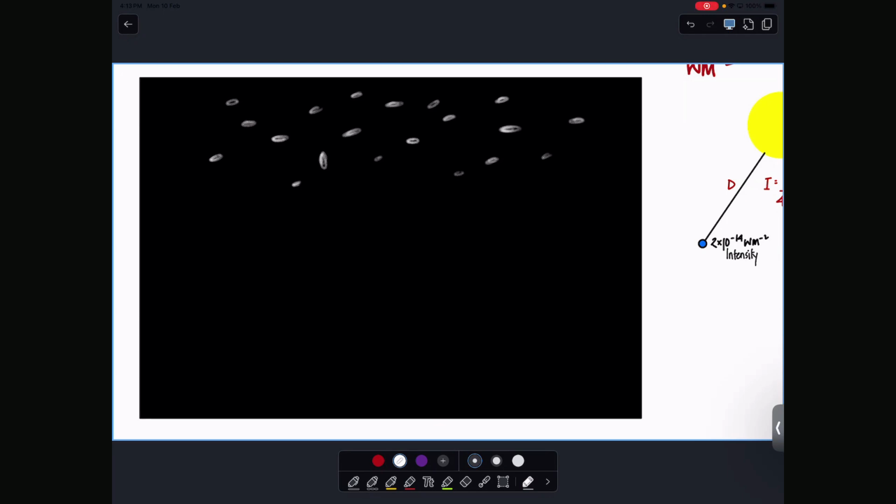No, it doesn't. Use standard candle method. So who can use the standard candle method and tell me what is the distance of the star or the galaxy from us? Almost there, but you flipped over the quantities.